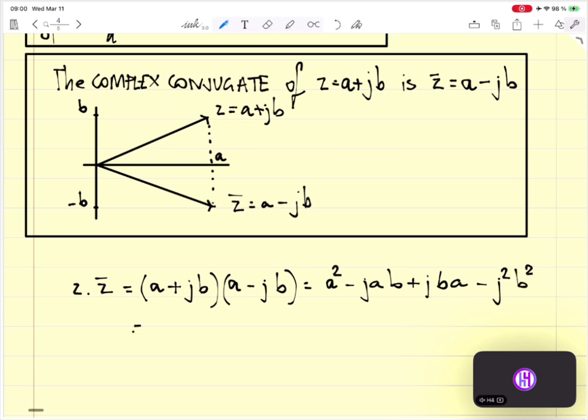Okay, so if we copy A squared, this cancels. J squared is minus 1, so minus 1 times minus 1 becomes 1, right? So this is A squared plus B squared, which is going to be the module squared. Okay, and this is super important.